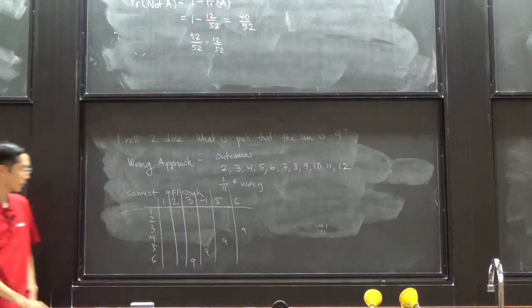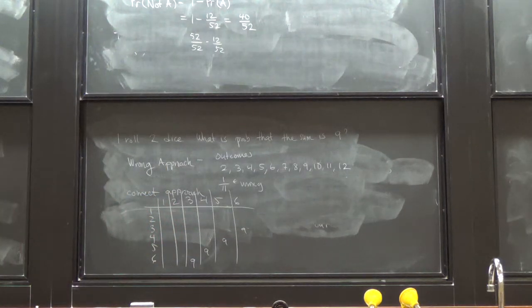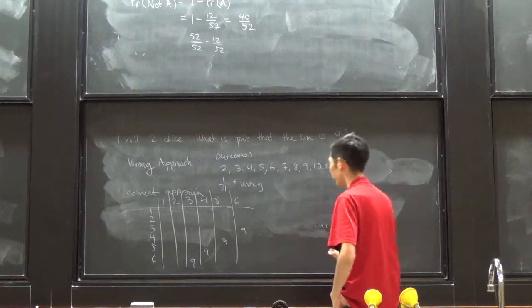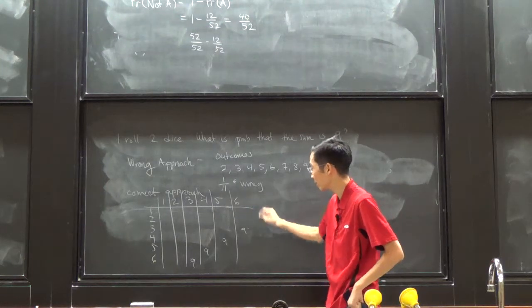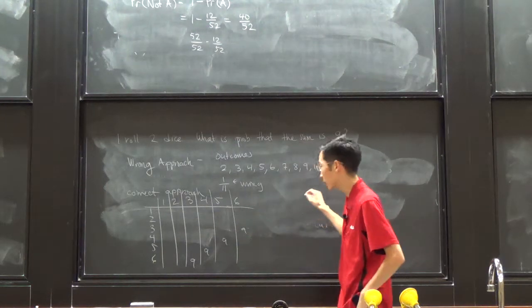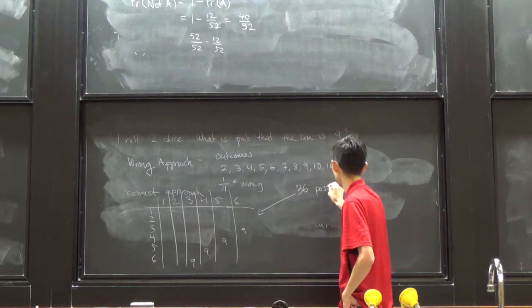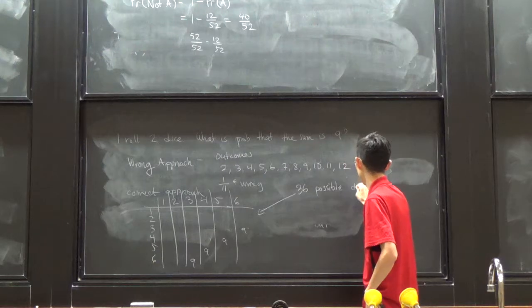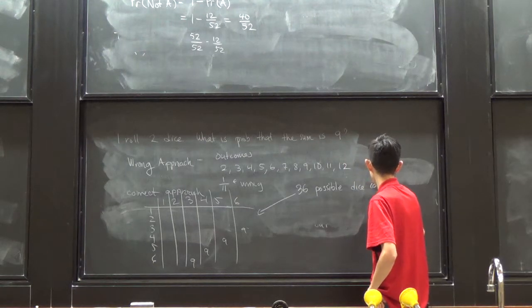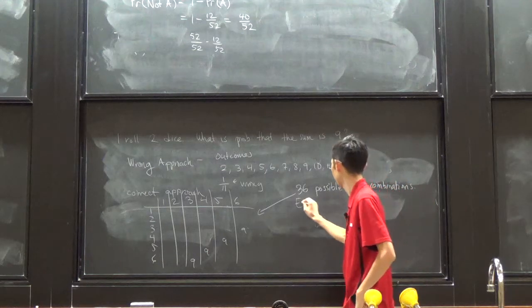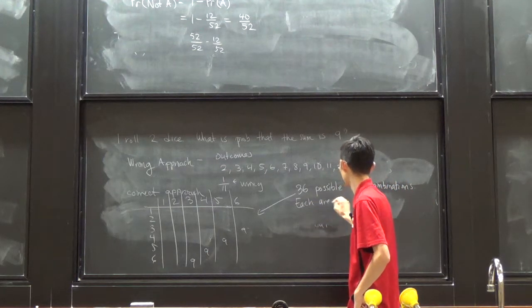So there are 4 ways to create 9 out of a total of 36 possible die rolls. So each of these 36 are equally likely. Okay? So 36 possible dice combinations, each equally likely.